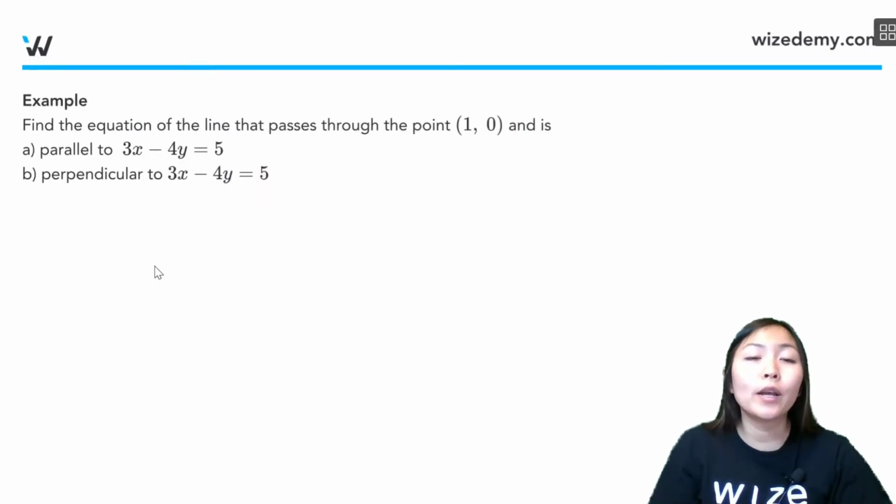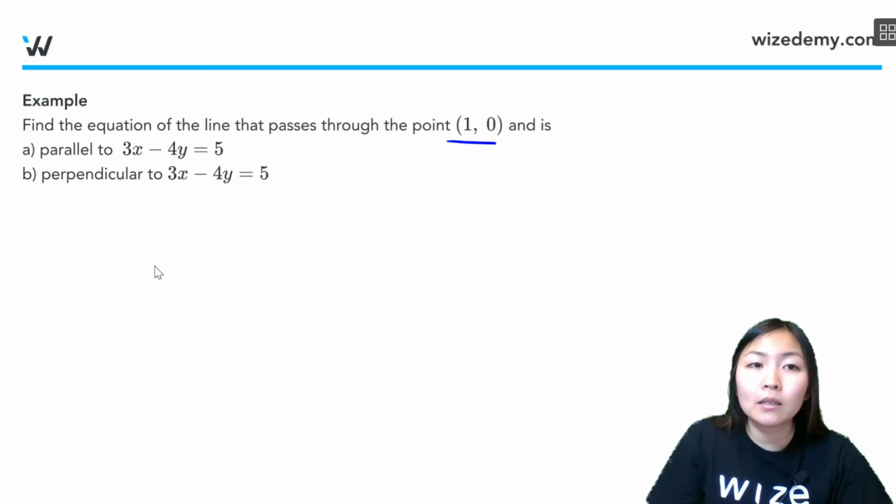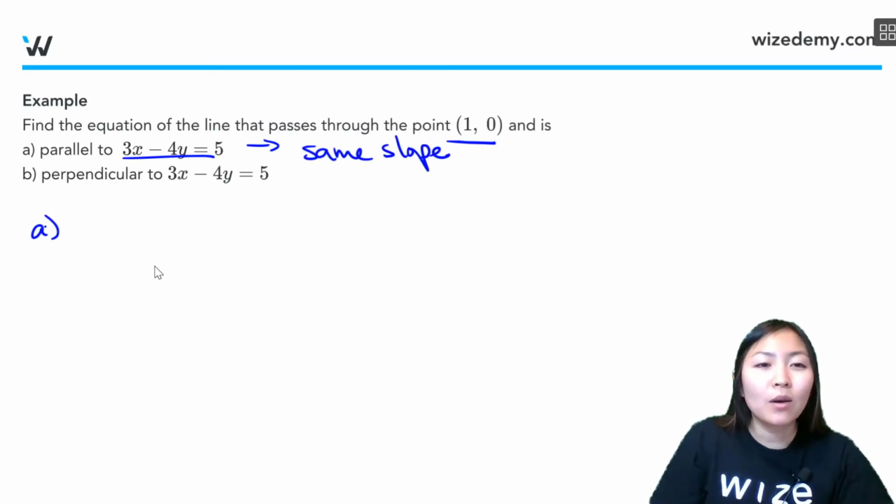We want to find the equation of a line that passes through a point and is parallel to this line. That's part A. Since it's parallel, I know it has to have the same slope. That's what parallel means. So let's find the slope of this line, 3x minus 4y equals 5. I'm going to rearrange into y equals mx plus b.